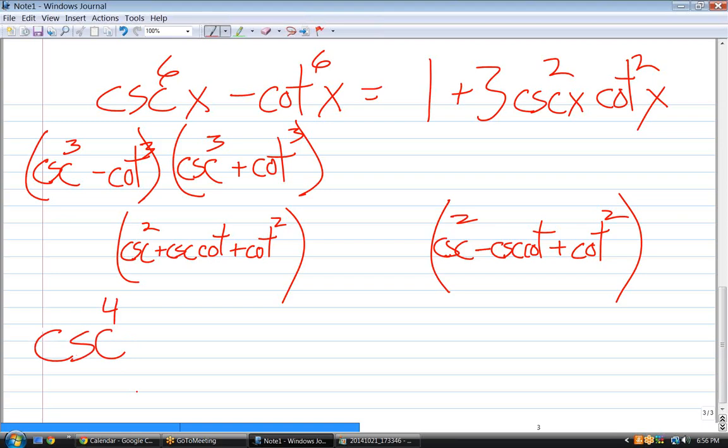Cosecant to the 4th minus cosecant cubed cotangent plus cosecant squared cotangent squared.